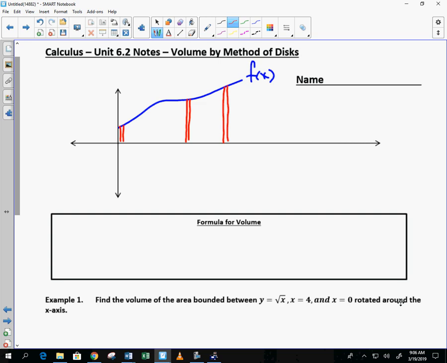See that? If you picture taking this rectangle and spinning it, maybe you get that type of shape. Take this one, spin it, maybe you get that kind of shape. Take this one and spin it, maybe you get that kind of shape.